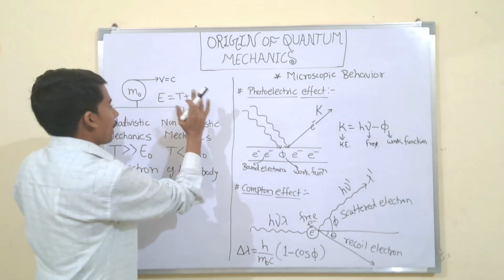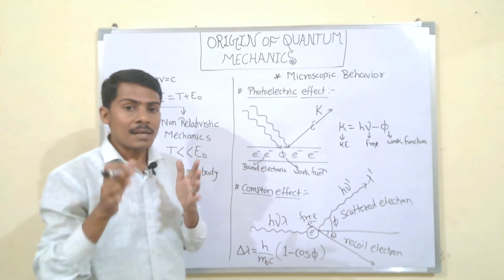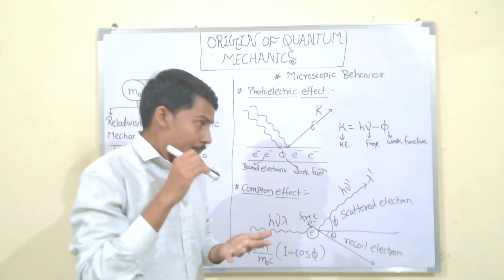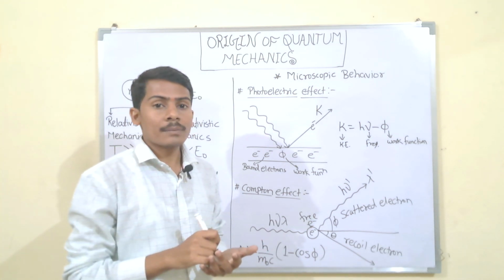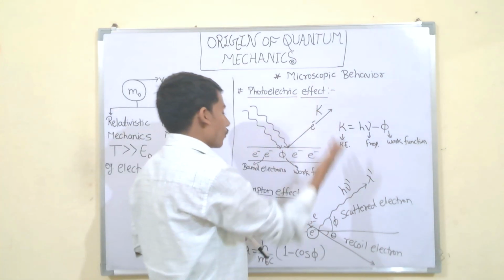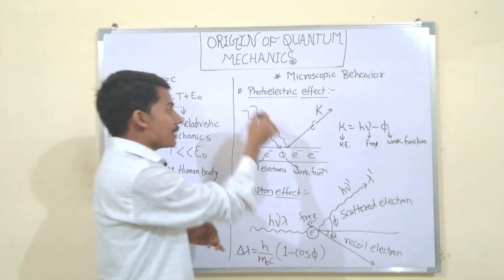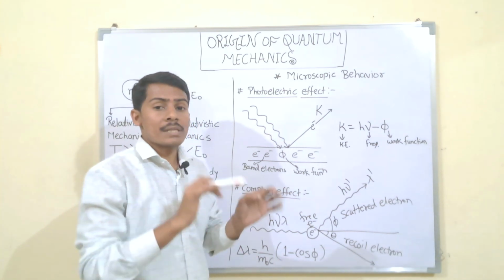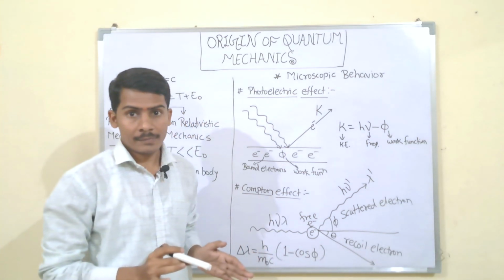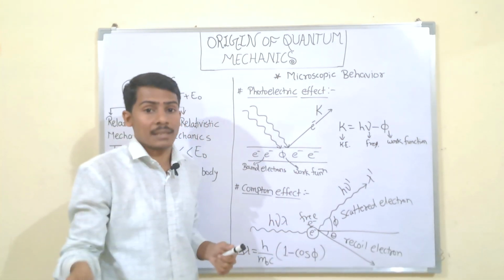This is one part, the relativistic behavior, and the other part is the microscopic behavior. In microscopic behavior we have to explain black body radiation, then the photoelectric effect, then the Compton effect. Today we give only an introduction to these two effects, the photoelectric effect and the Compton effect. In the photoelectric effect, we incident light, and in the Compton effect, we incident X-rays.